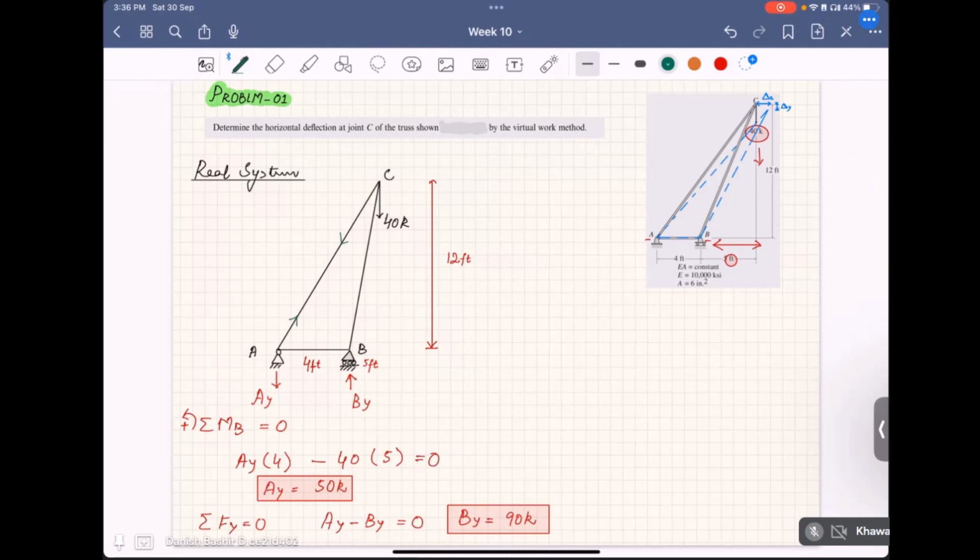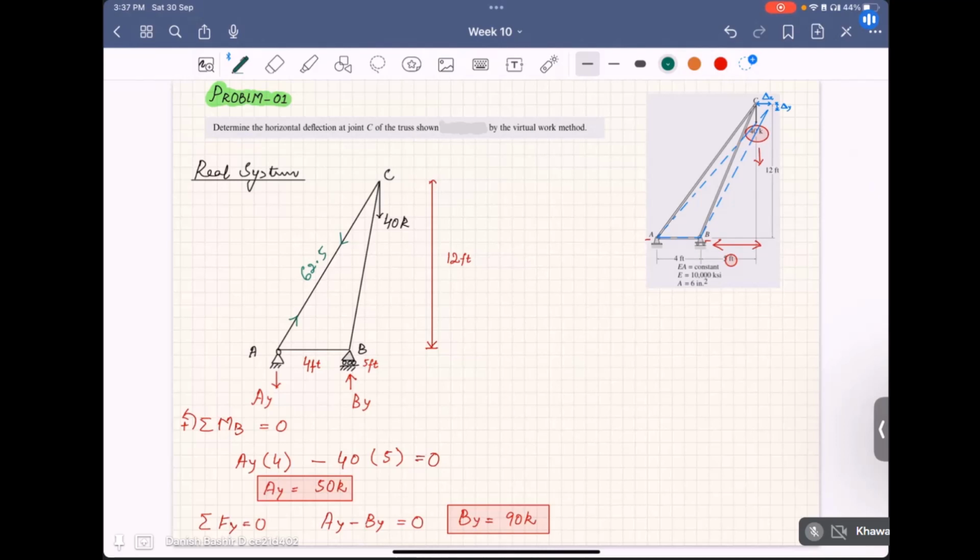Actually, this is coming out to be 37.5. No, sorry, this is coming out to be 62.5, like this. And this is tensile force.